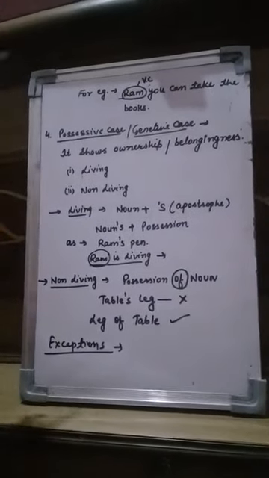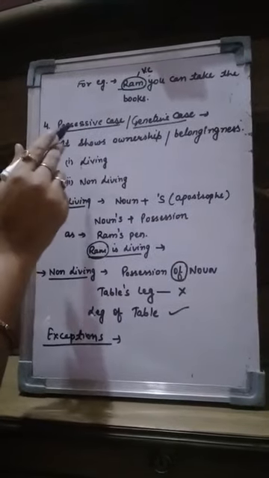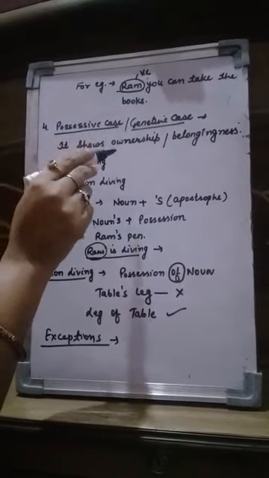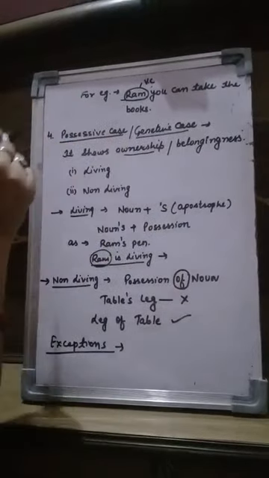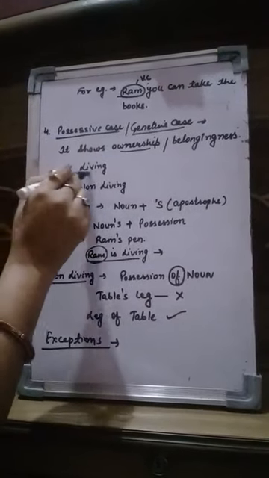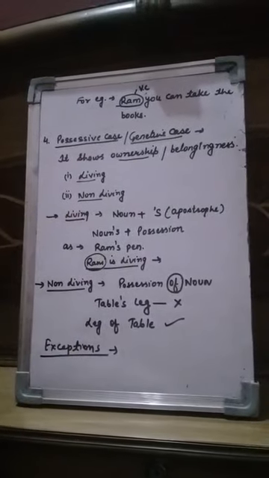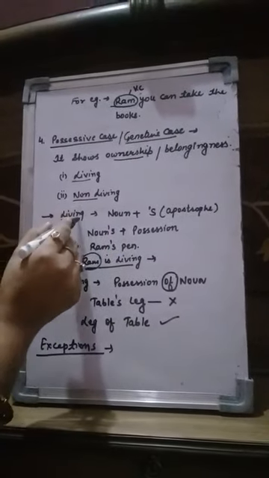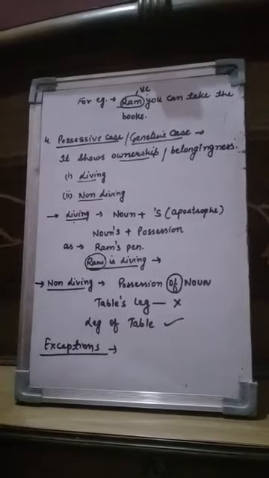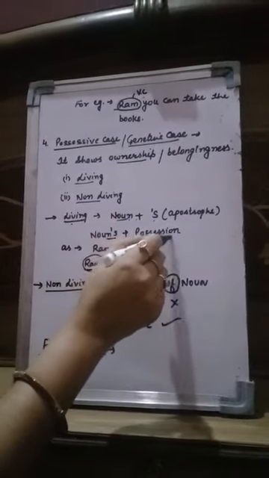And the next one is the possessive case. We can also call it the genitive case. It shows ownership or belongingness, when someone is related to another person. It may be living or non-living. When it is used with living things, such as Ram, Sham, that have life, we use noun plus apostrophe s, noun plus possession.